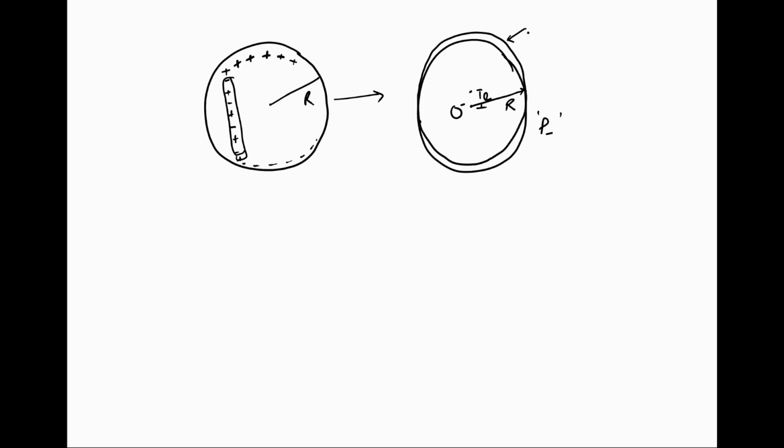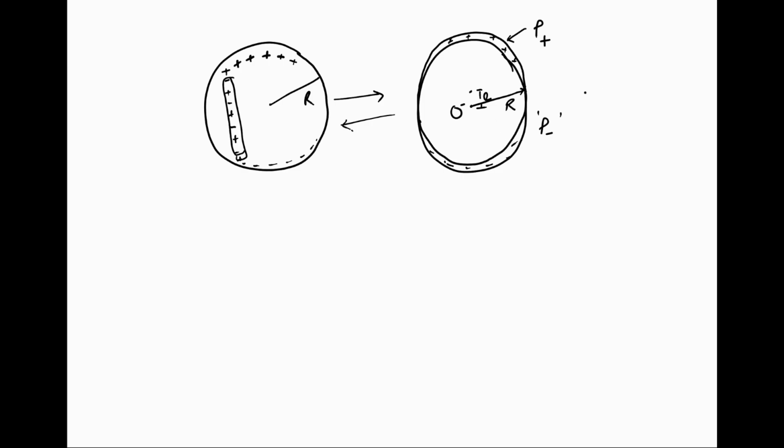The other sphere has uniform charge density rho plus. The rho plus and rho minus will cancel themselves in the overlapping part, and only plus charges will be left here and only minus charges here. So you see that this situation is equivalent. We have seen a similar example in one of our previous lectures.